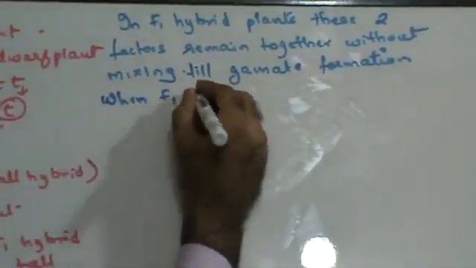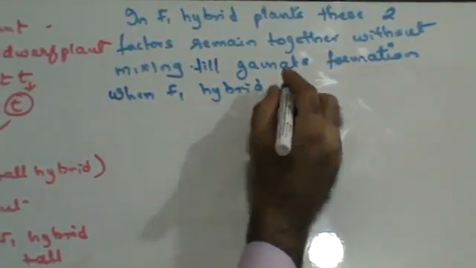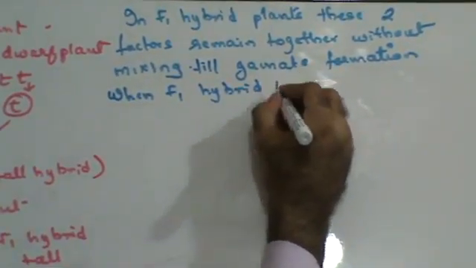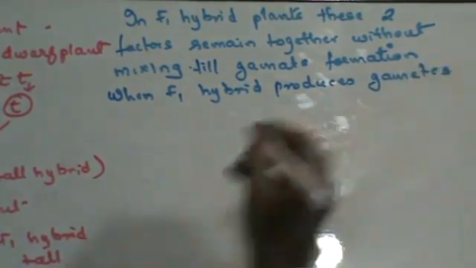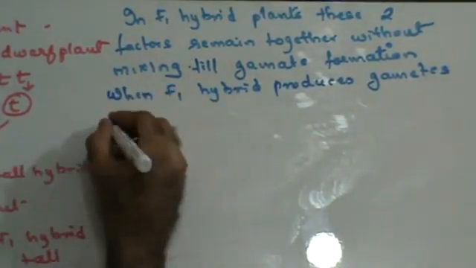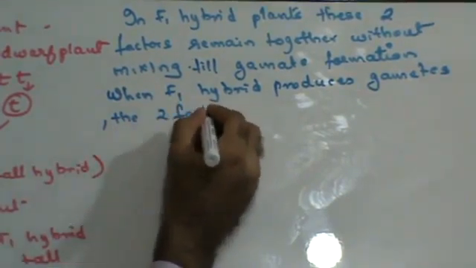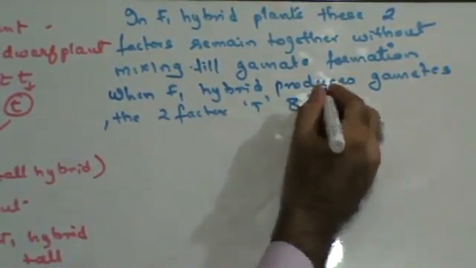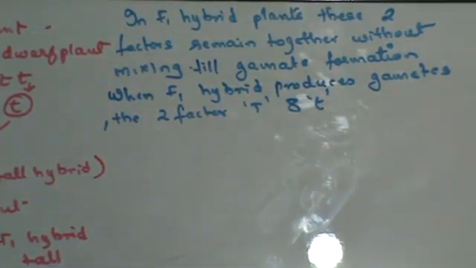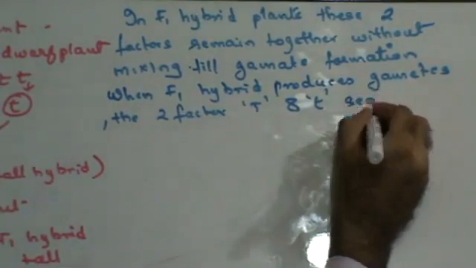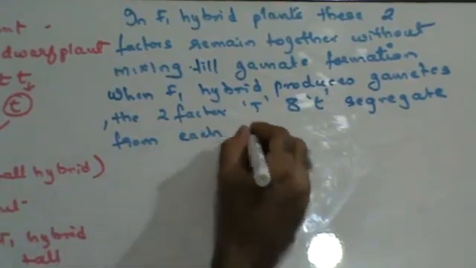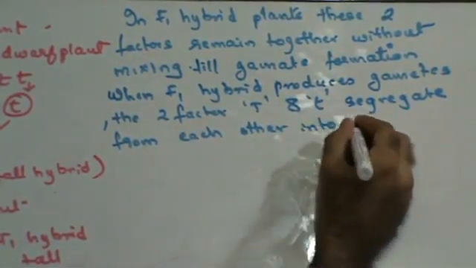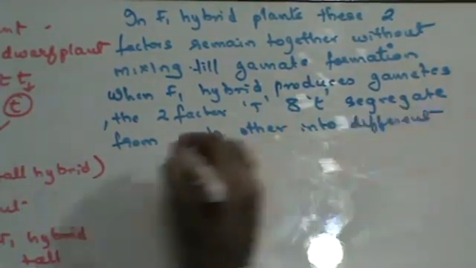So I can say that when F1 hybrids produce gametes, the two factors T and t segregate from each other into different gametes.